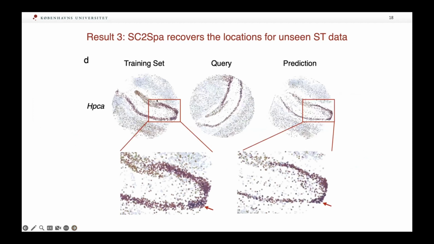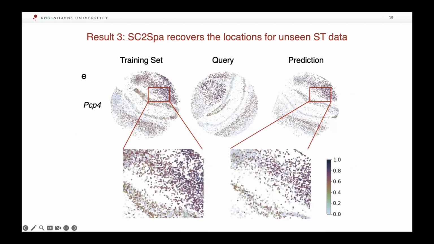And we also investigated the expression of certain genes in our prediction. Like for this gene HPCA, we can see this gene is very highly expressed in the bottom right, and it goes lower when we move up or move left. And we also recovered the minor gene expression changes in our prediction.